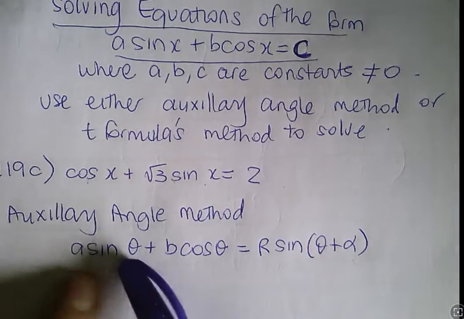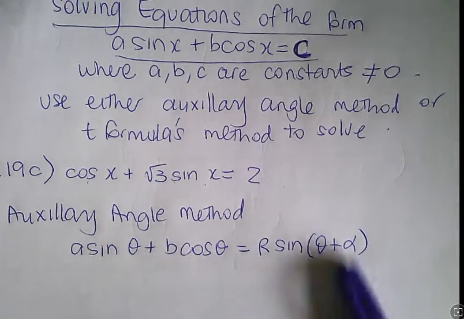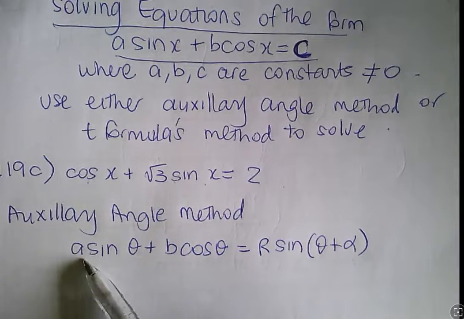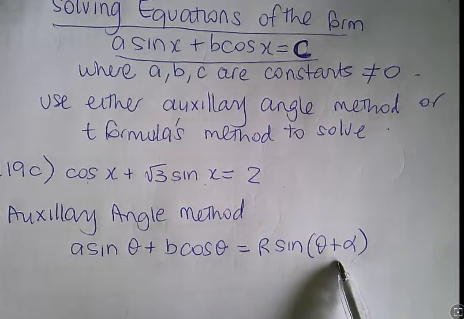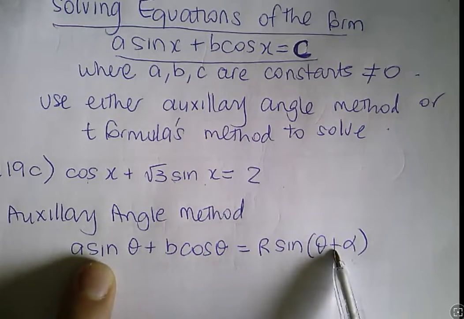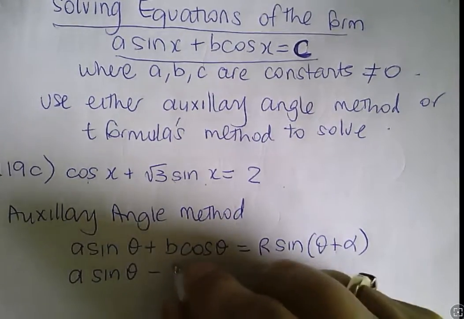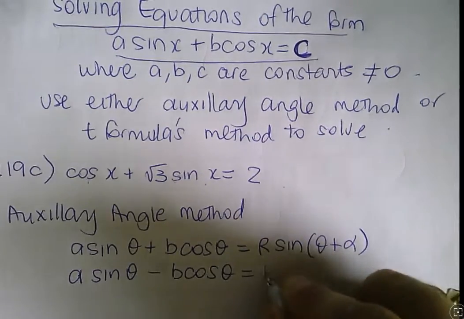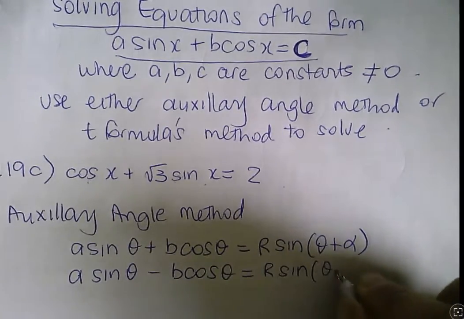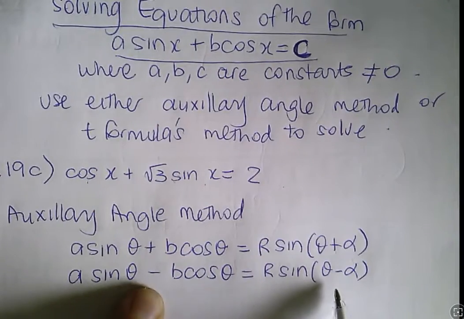You could be asked to put something sine theta plus something cos theta in this form. Notice, sine is first, keep the sign the same. Sine is first, it's a plus. Or you could be asked to do a sine theta minus b cos theta, put it into this form. Sine, keep the sign the same.